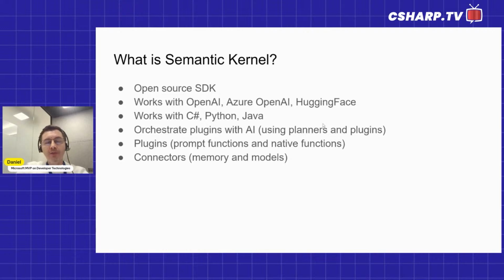We had a chance maybe to see LangChain, but that was limited to Python and JavaScript, if I'm not wrong. But now with Semantic Kernel, C# developers, along with Python and Java developers, have the chance to use this power of large language models.